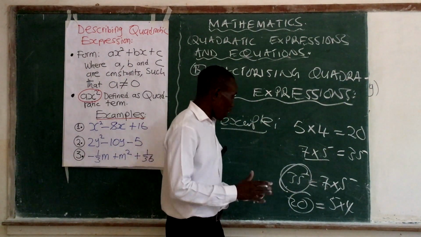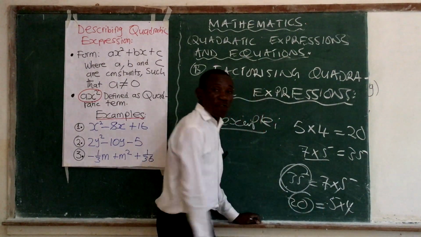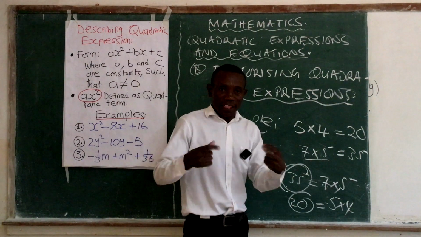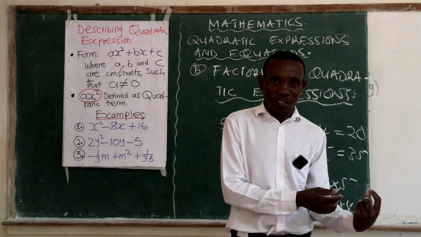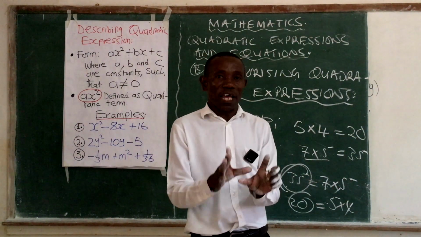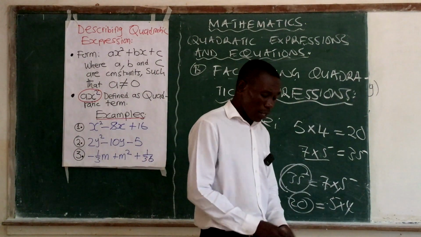This tells me that 5 times 4 are the factors of 20. It means 20 has been what? Factorized. So if we talk of factorization, that simply means to find the factors. If it is about a number, you are finding the factors of the number, which when you multiply should give you a particular number, like 4 times 5 gives you 20.